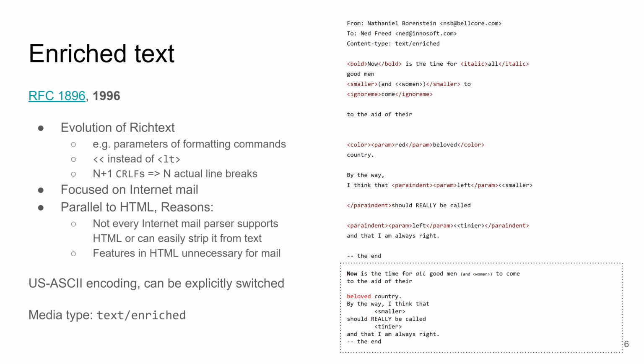One is that at that time, not every internet mail parser or application supported HTML, not even in a way that would allow it to just strip the markup and display the pure text, which is possible with enriched text. And also HTML contains some features which are deemed not necessary for internet mail, and enriched text really focused on internet mail. So these were the reasons for devising enriched text in parallel to HTML at that time.